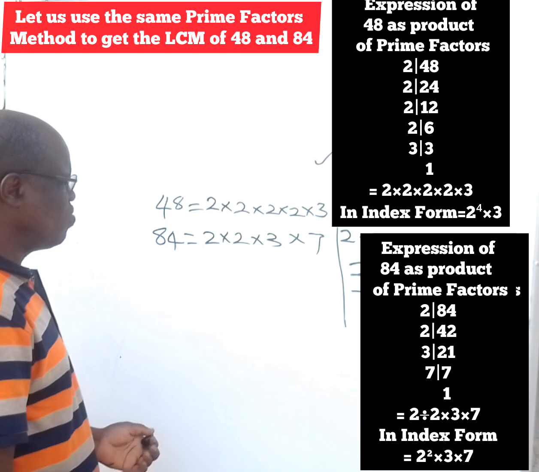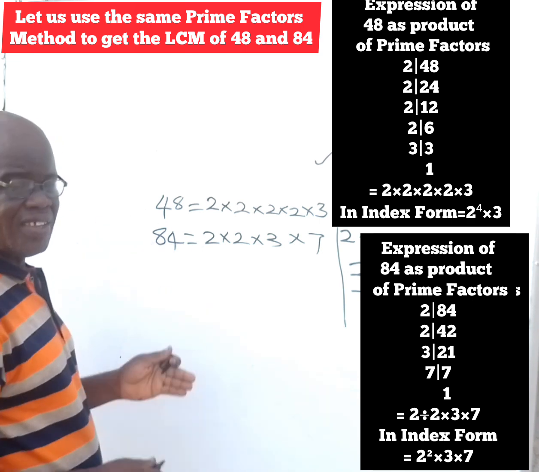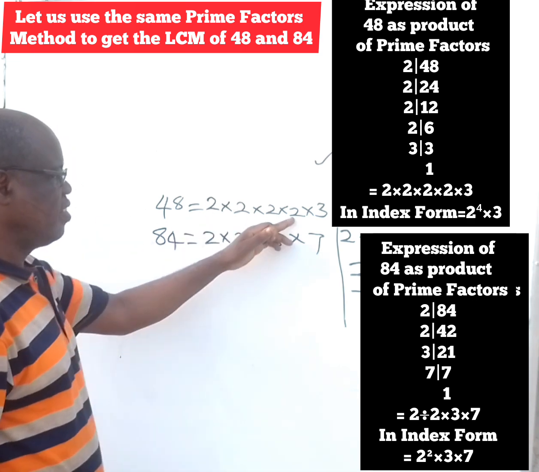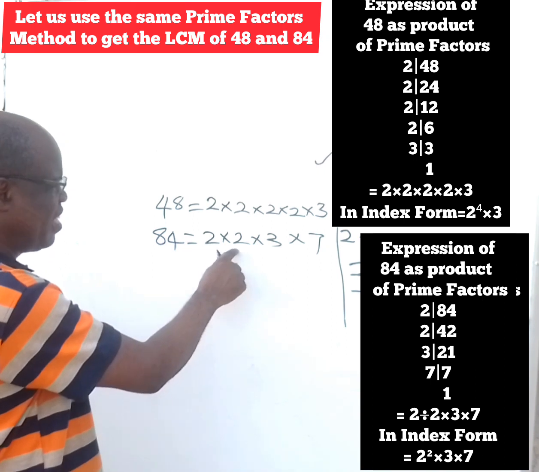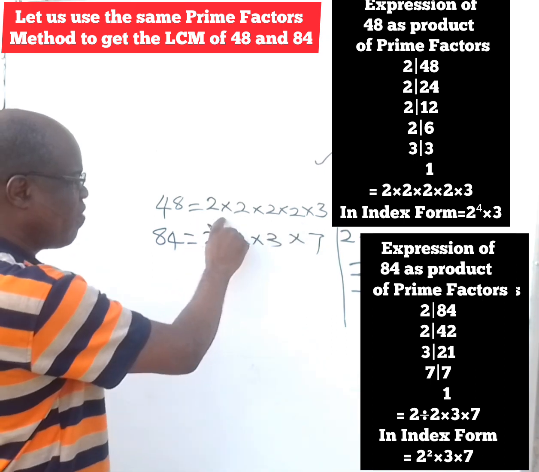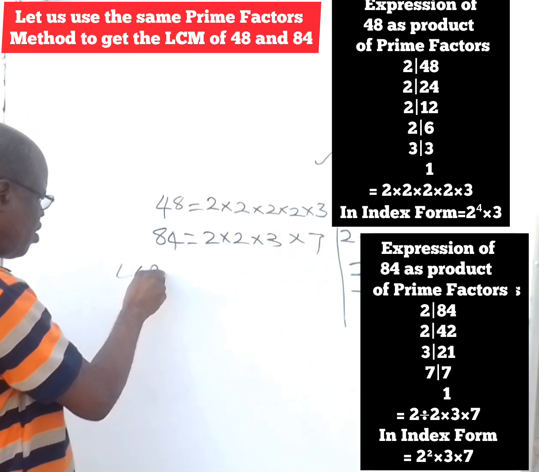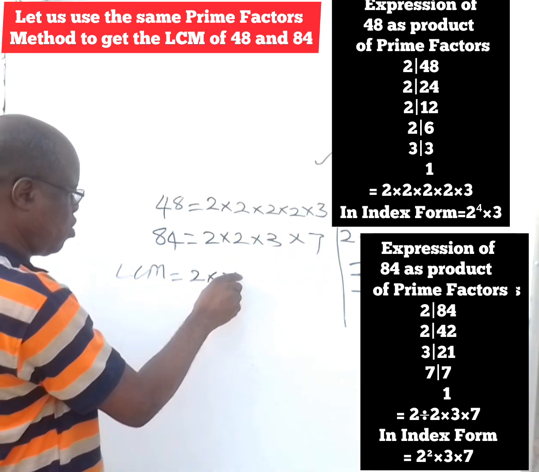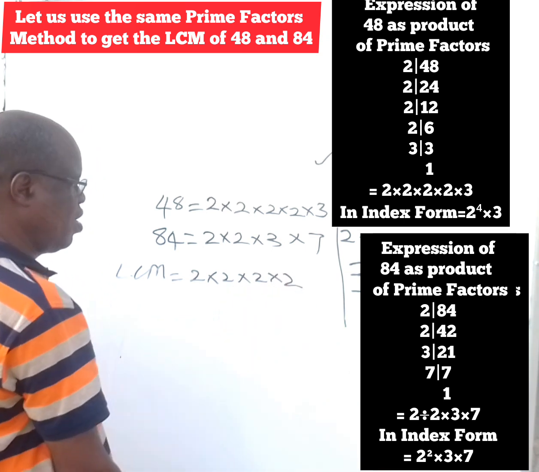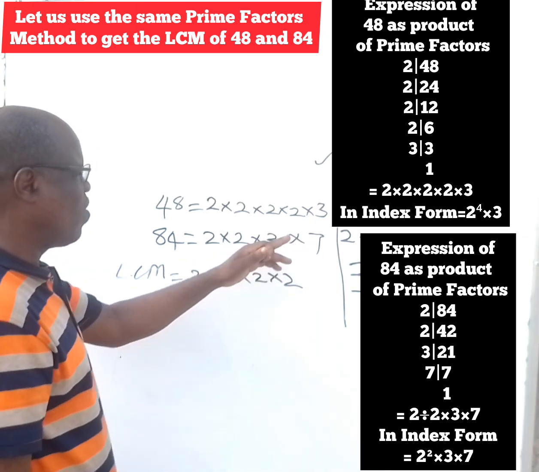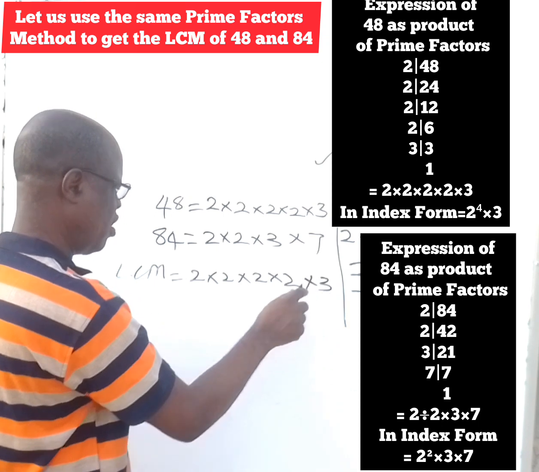So the next thing we do, you look at what is the least number. 2 is the least number here. So you have 2 of them here. Then here you have enough 2's to write that one down. Then 3 is the next one. You have 1 here. So write your 3.